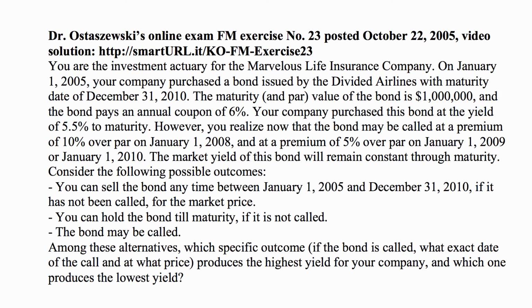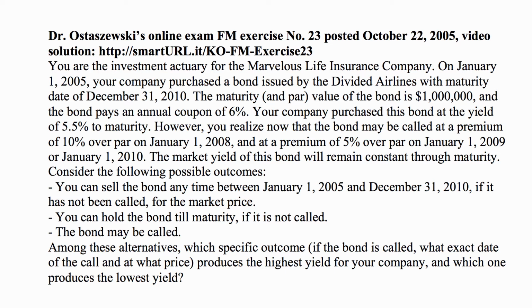This is a practice problem for exam FM. I posted it before as a PDF file in 2005. You are the investment actuary for the Marvelous Life Insurance Company. On January 1st, 2005, your company purchased a bond issued by the Divided Airlines with maturity date of December 31, 2010. The maturity and par value of the bond is $1 million, and the bond pays an annual coupon of 6%.